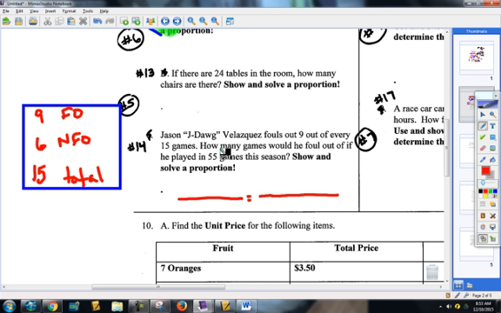Okay? So, how many games would he foul out? There's one label. If he played in 55 games, so you're comparing foul outs to games played, or total games, however you want to say it. Get this information from right here. I know it's going to be 9 foul outs for 15 games. And my real information, I just plug it in.